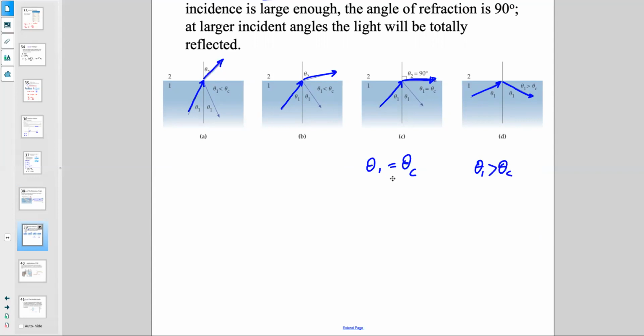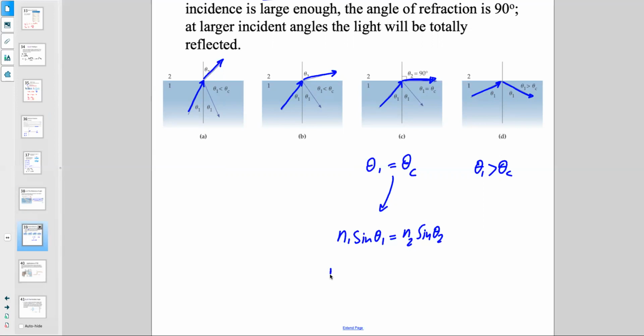So if you want to find the theta of critical, let's write Snell's law: n1 sine theta 1 equals n2 sine theta 2. The theta 2 is 90 degrees, okay?